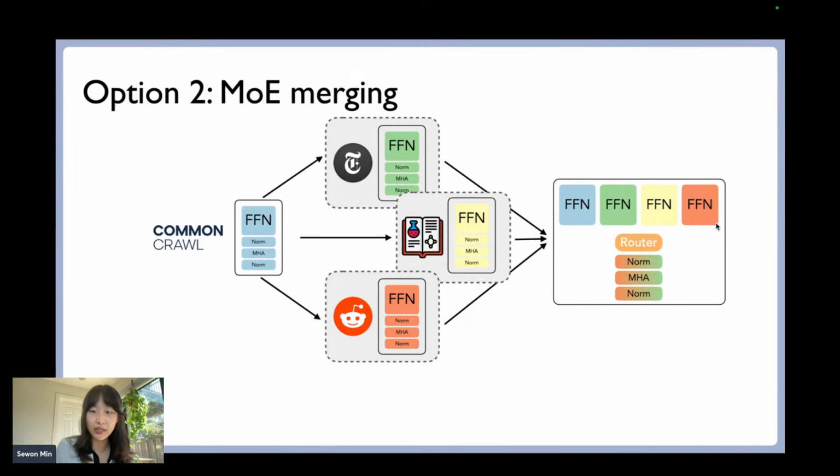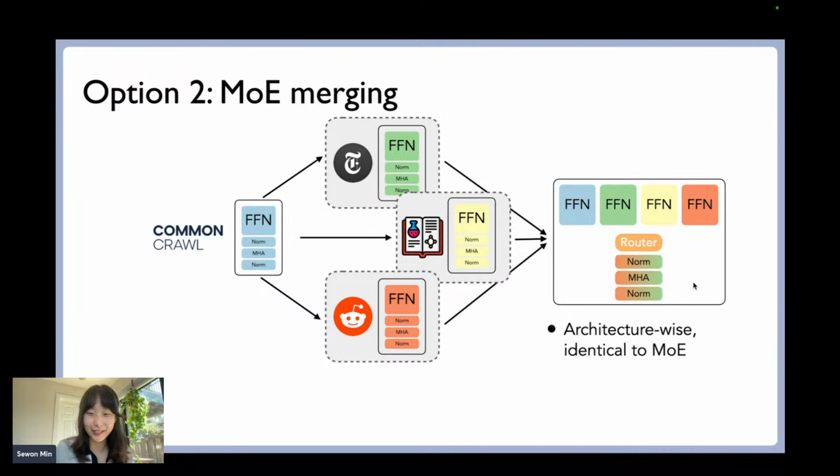They serve as individual experts in mixture of experts. And then we have a few shared layers like normalization and multi-attention. For these, we do model soup or weight merging, which is just averaging parameters from different data owners. So that's how they make mixture of experts.